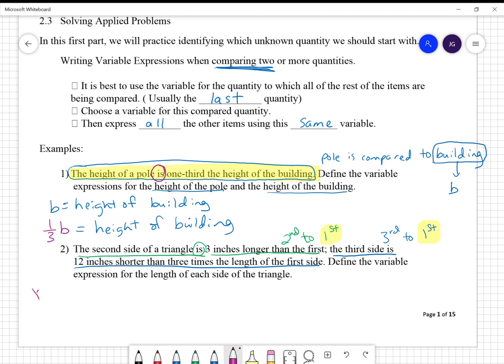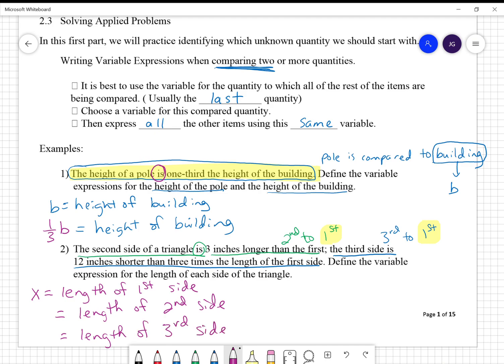So X equals length of first side. So then my other unknowns, length of second side and length of third side, have to be written in terms of X. And I'm going to use my translation. The second side is 3 inches longer than the first.